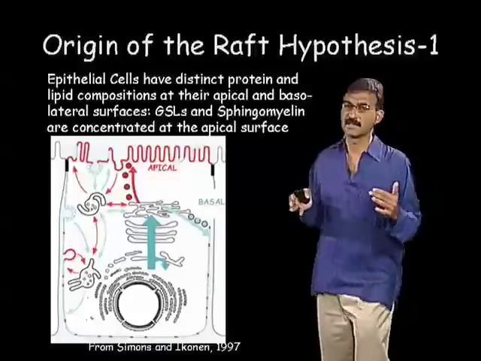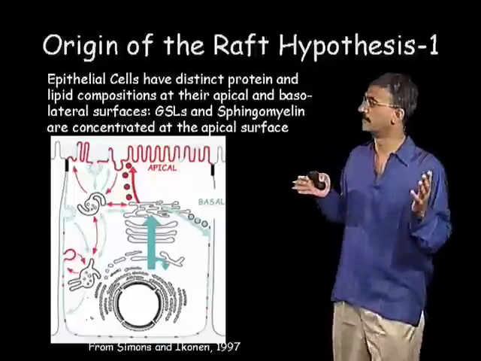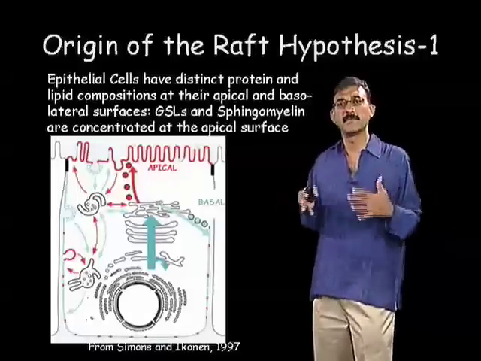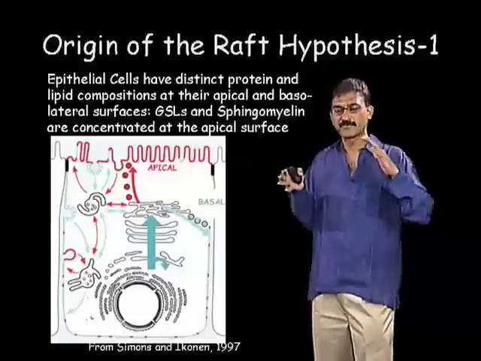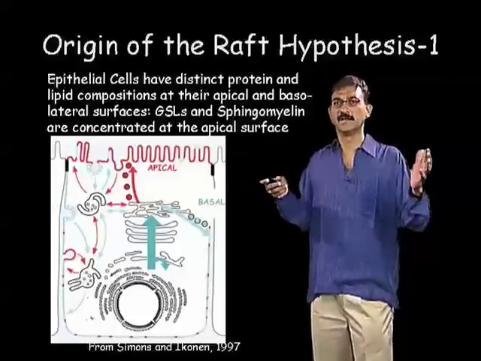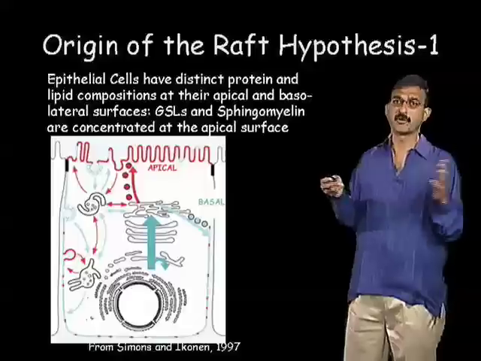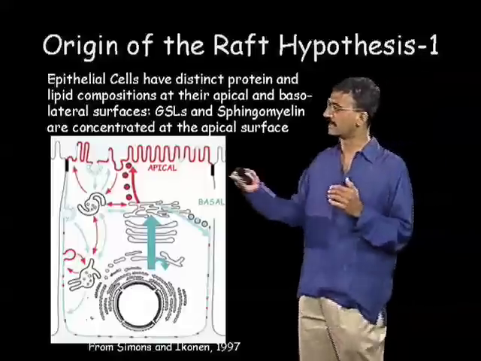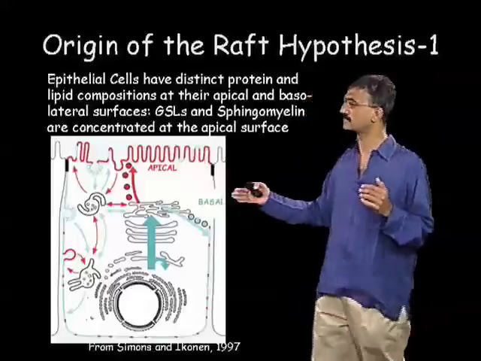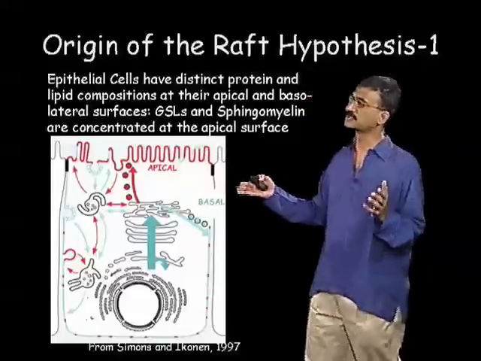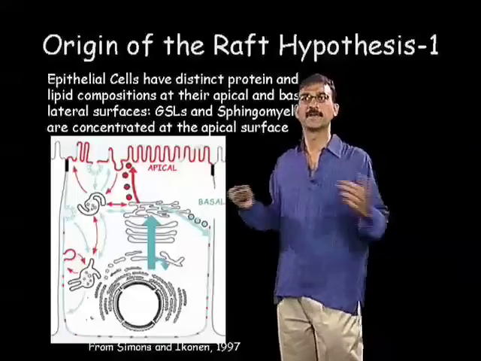This comes from studies looking at the membrane composition of the different domains of an epithelial cell. The epithelial cell is a polarized cell. It has an apical surface and it has a basolateral surface. And these two surfaces have distinct lipid compositions.